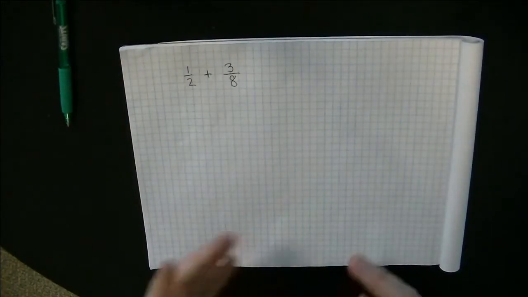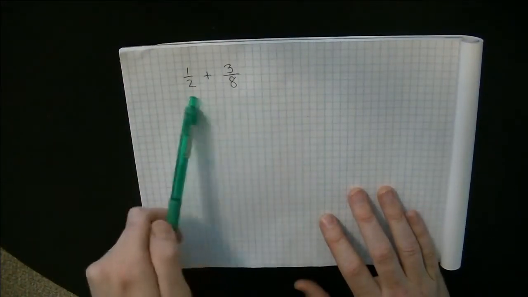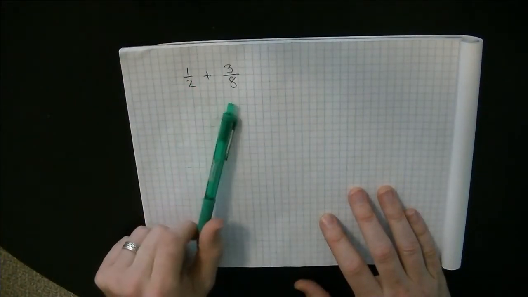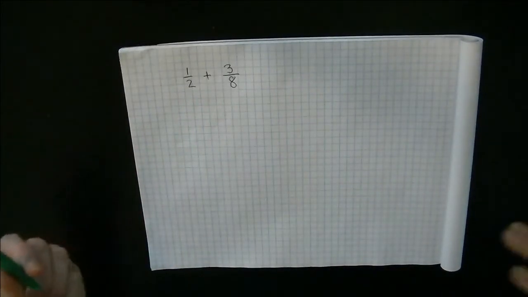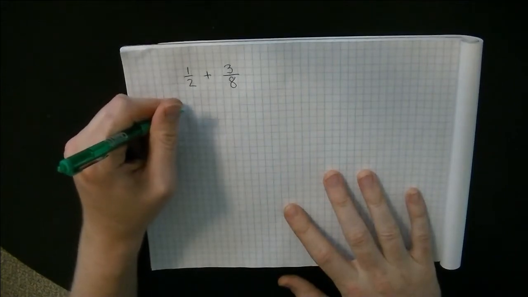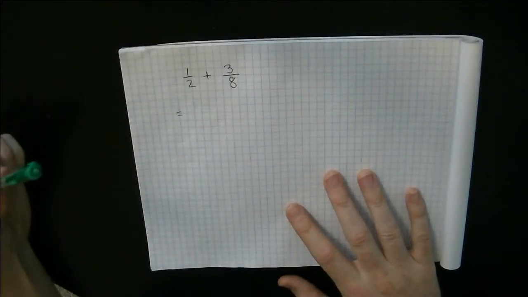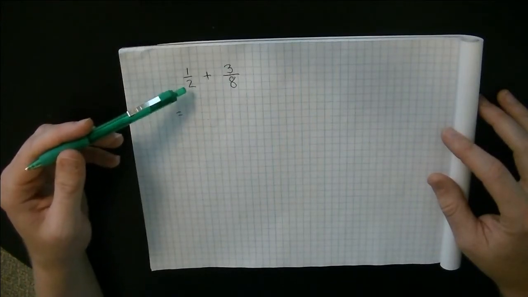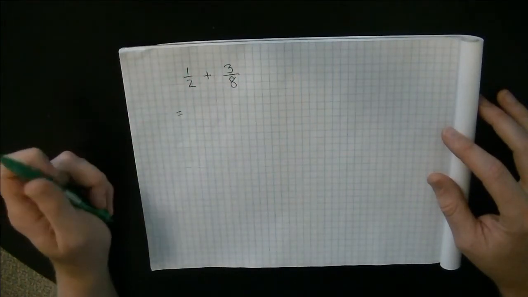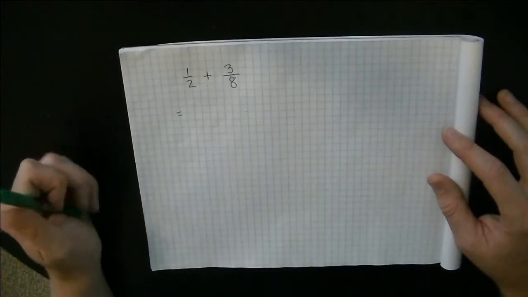Now, you don't always have to just simply multiply the two denominators together in order to find the common denominator. Sometimes there are easier ways, okay? Sometimes there are quicker ways of getting a common denominator. For example, in this situation, we have 1/2 plus 3/8.